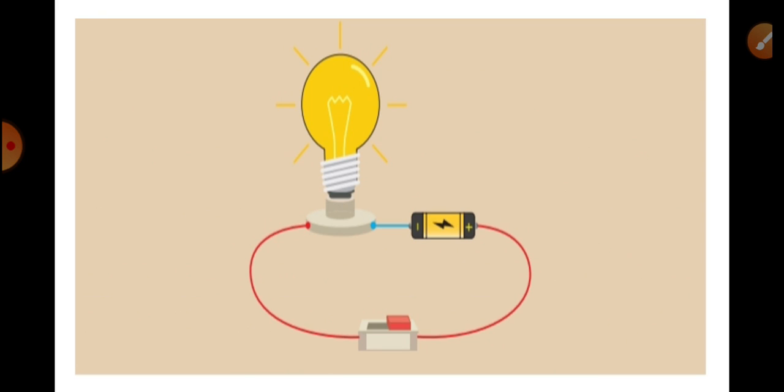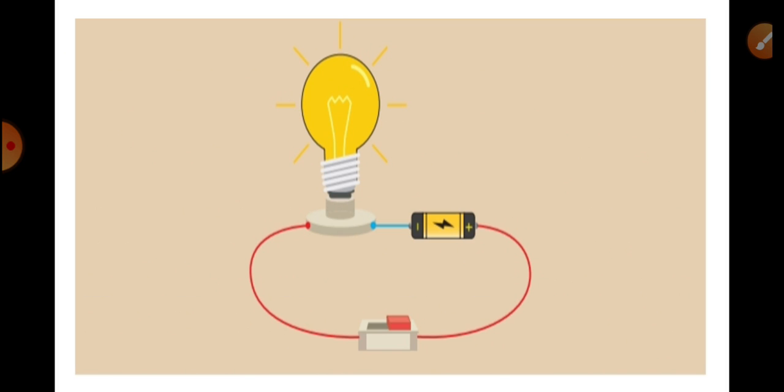Electric bulb, battery and switch. Here keep the switch in the off position. Does the bulb glow? No. Now move the electric switch to on. Now we put the switch in the on position and let the bulb glow for a minute or so.